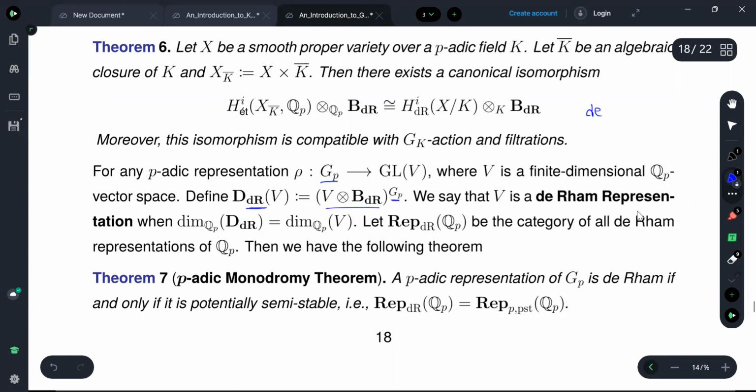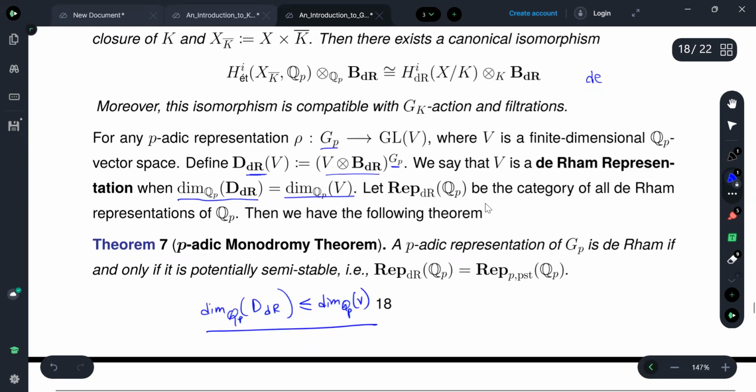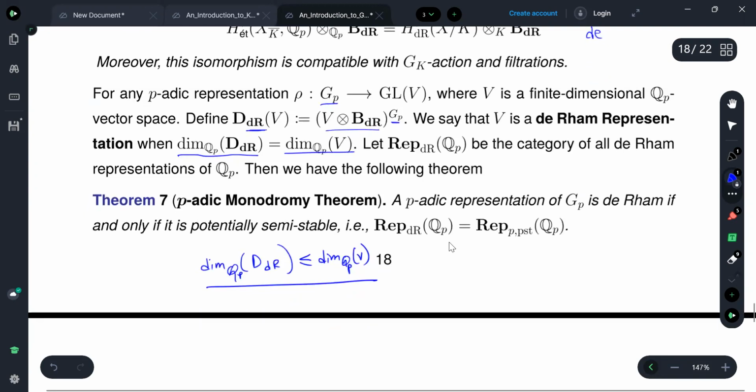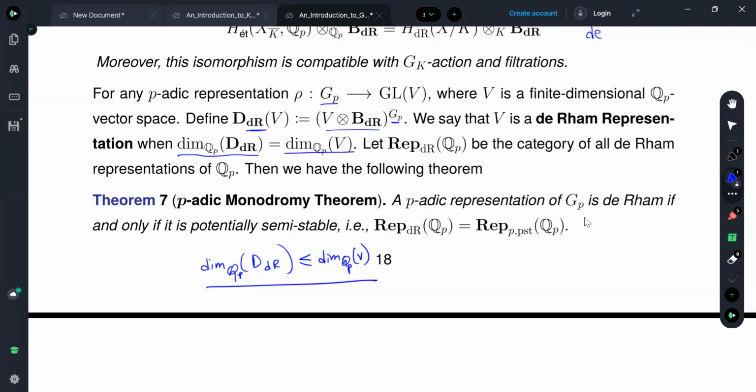And we say that V is a de Rham representation if the dimension over QP of DDR is equal to the dimension over QP of V. We know that it's always true that the dimension of DDR is less than or equal to the dimension of V. But when it is equal, then the representation is called de Rham. For the category of all de Rham representations, we have this p-adic monodromy theorem: a p-adic representation of GP is de Rham if and only if it is potentially semi-stable.